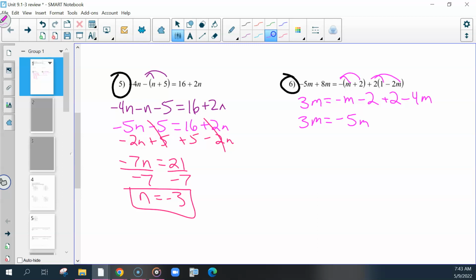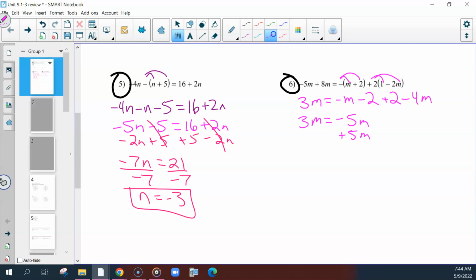Take a guess. What do you think we should do next? Combine them how? So we did what to get that one? Okay. And you can do either one.